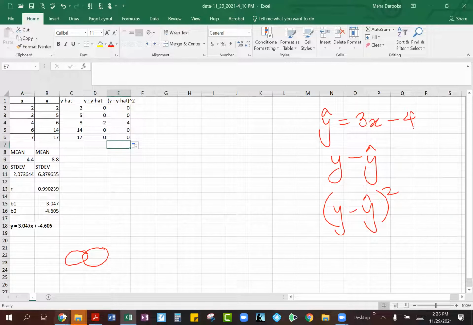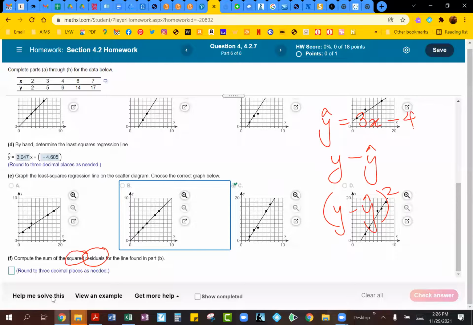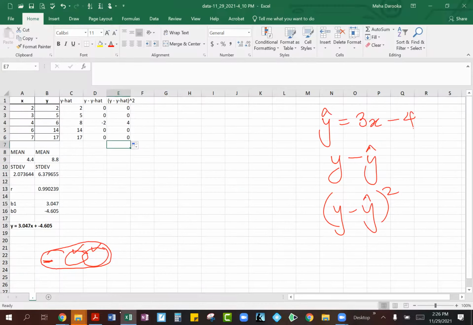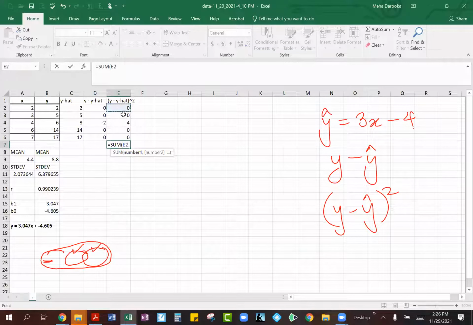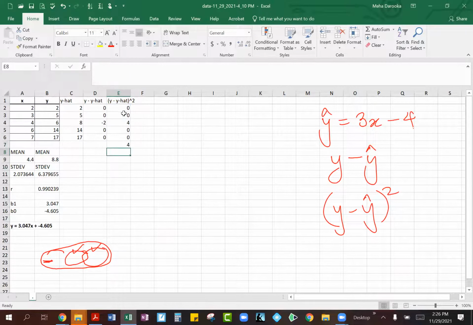And then the very last thing they're asking us to do is find the sum of the square of the residual. So you've done the square of the residuals. Now the last part you are doing is taking the sum. So add that column up. So just use the built-in sum function. And of course, you can see this one's just going to add up to 4. But again, if you had different numbers for these other 4 numbers, you can add all of them together.